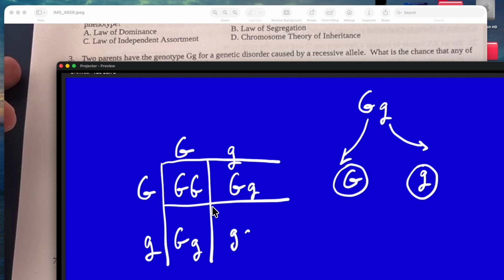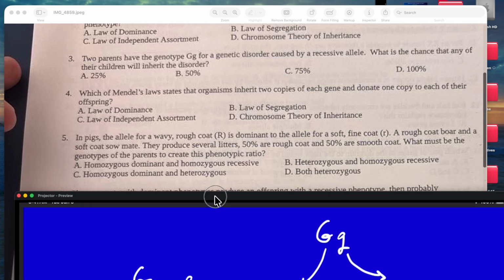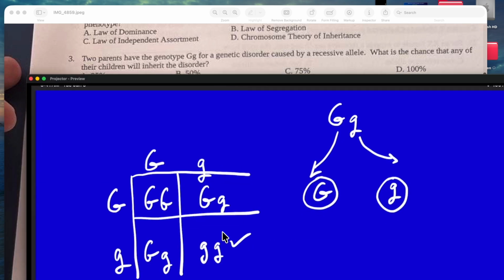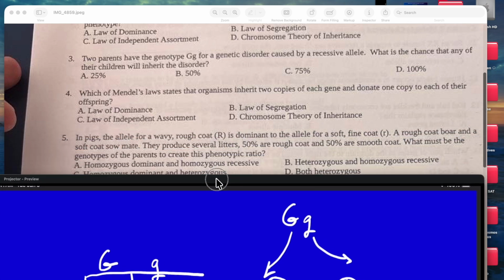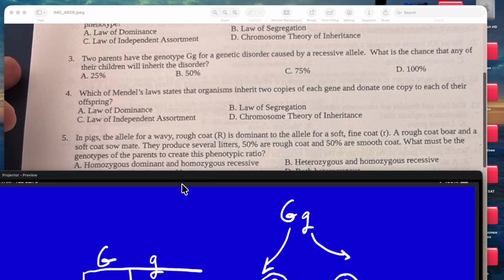And it looks like only 25% of them would be homozygous recessive, and therefore would show the disorder. So the answer to number three is 25%.